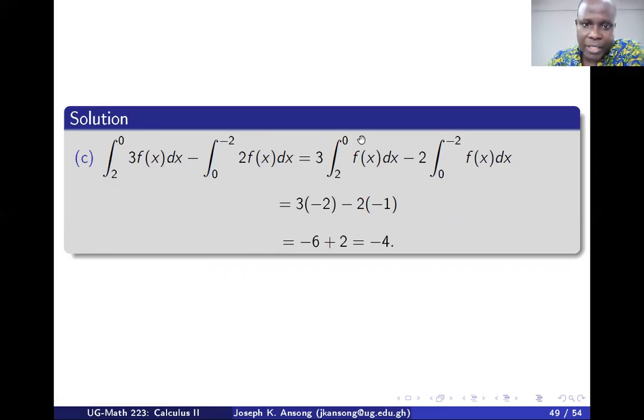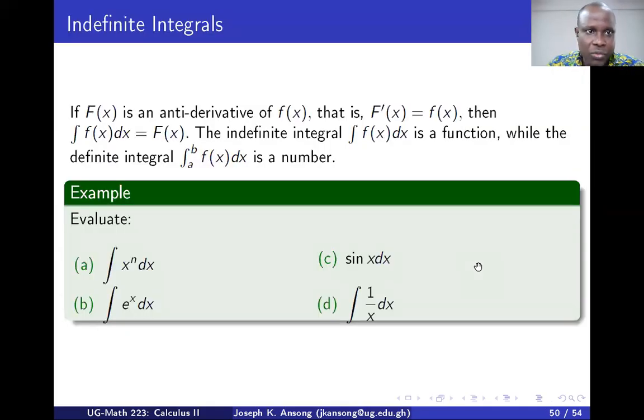This we already know: the integral from 0 to 2 of f of x is 2, so 2 to 0 is negative 2, which we found already. The integral from negative 2 to 0 is 1, so the integral from 0 to negative 2 is negative 1. So I have the negative 1 here. Simplify this and you get negative 4. So that gives us the solutions to what we're trying to do.